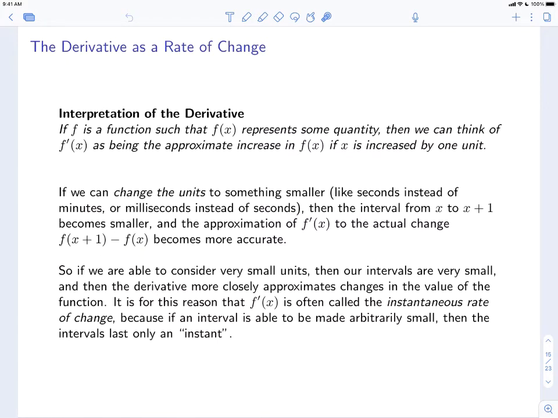So if we're able to consider very small units, then our intervals are very small, and then the derivative more closely approximates changes in the value of the function. It is for this reason that f prime at x is often called the instantaneous rate of change, because if an interval is able to be made arbitrarily small, then the intervals last only what you might call an instant.